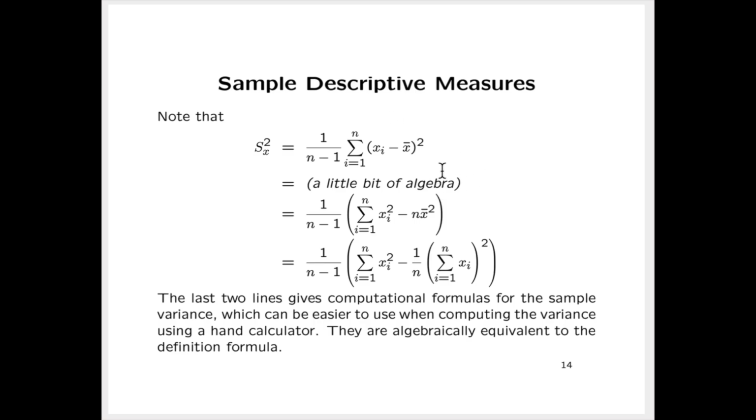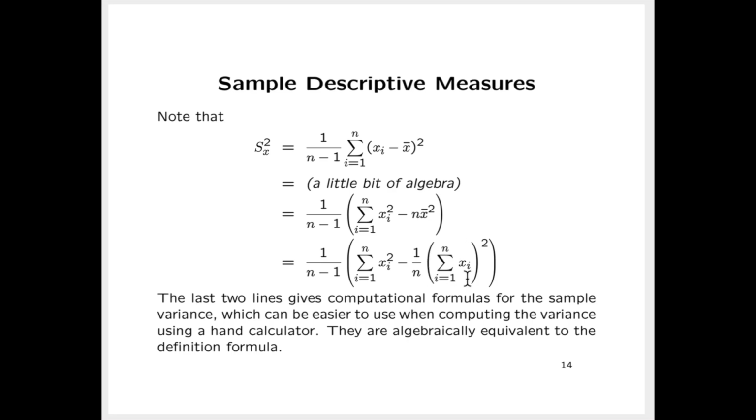But after we expand the square, so expand that term right there, and then utilize summation properties and go through a little bit of algebra, we have the following two computational formulas. Which one of these formulas you use will depend on which is going to be easier and quicker to compute, and it will also depend on the information that you actually have. So you may have some summary statistics about a sample.